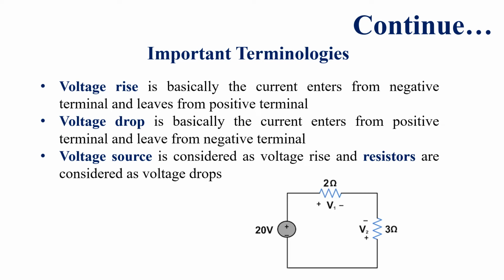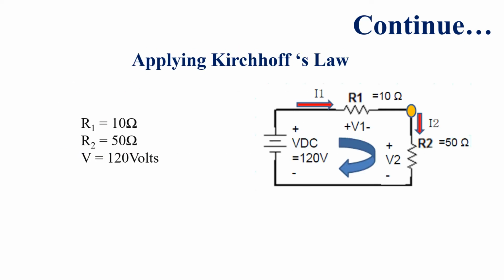Voltage drop is when the current enters from the positive terminal and leaves from the negative terminal. Voltage source is considered as voltage rise and resistors are considered as voltage drops. Here we have the circuit diagram consisting of two resistances and one voltage source for the analysis of Kirchhoff's voltage law.